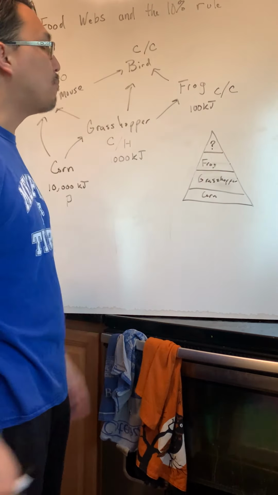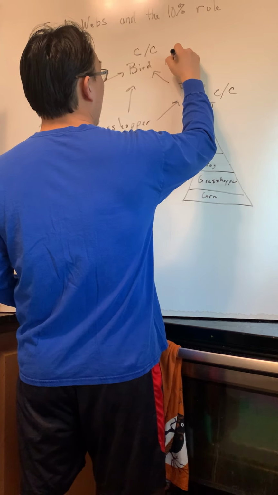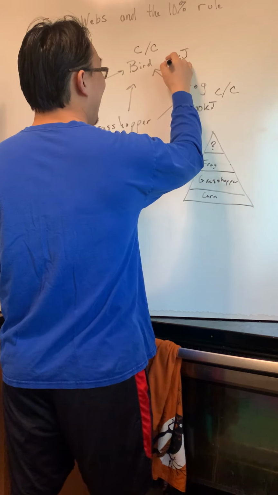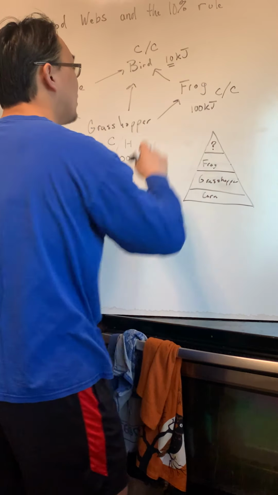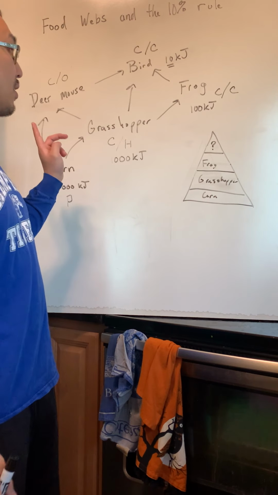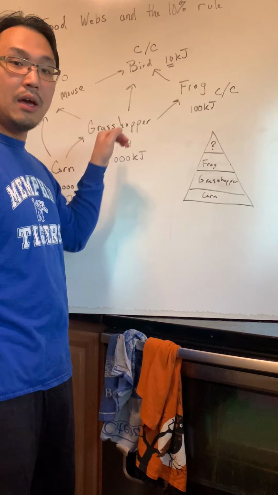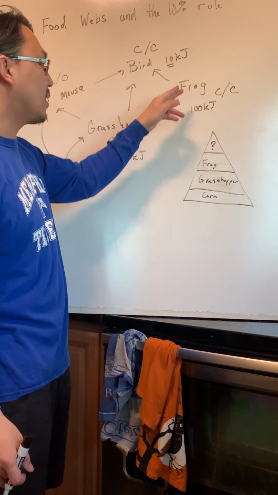And then that bird would only receive 10 kilojoules. Now, that 10 kilojoules is in reference to the amount of energy that that bird would receive from the corn.